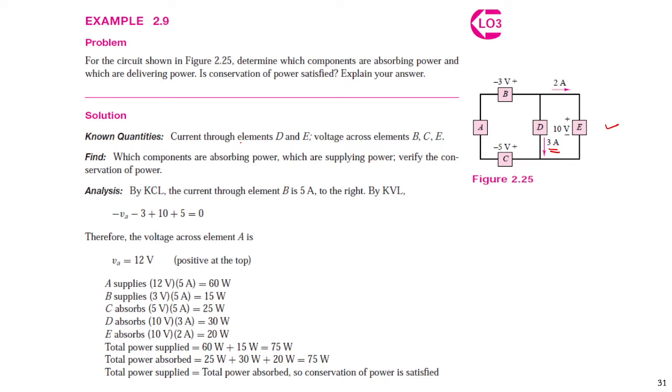The known quantities are the current through elements D and E, and the voltage across B and C. Then find which components are absorbing power and which are supplying power. So in this case, which is the battery and which is the resistor? We solve for the unknown values first.